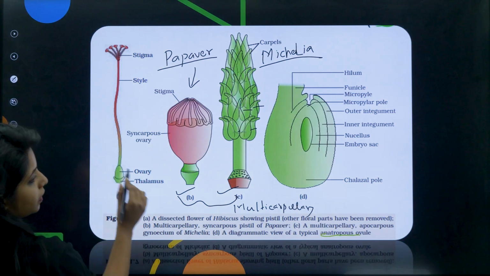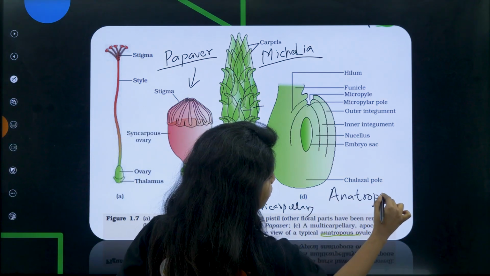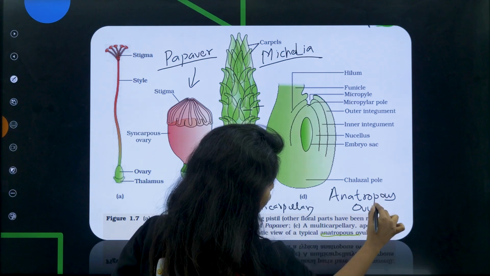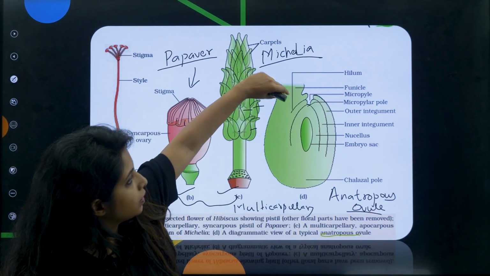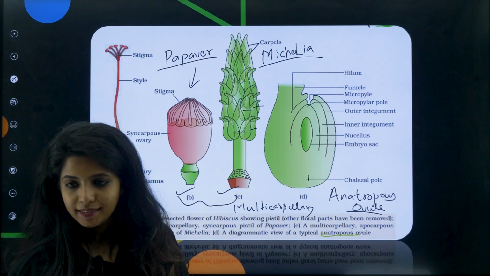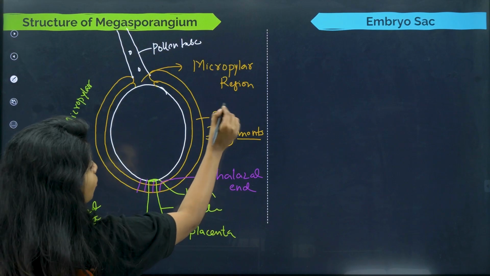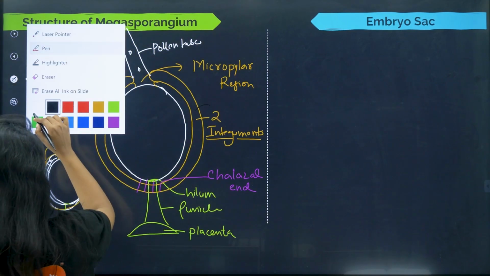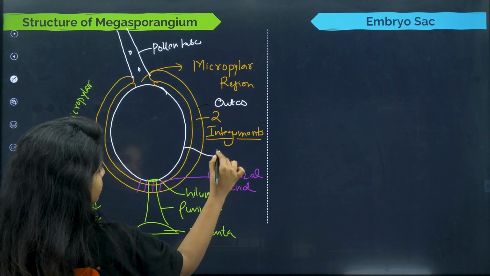Anatropous ovule. I will write it. Anatropous ovule, where you see the hilum is over here, whereas the chalazal end is over here. Done? Now, let's go. This is the outer integument and this is the inner one.